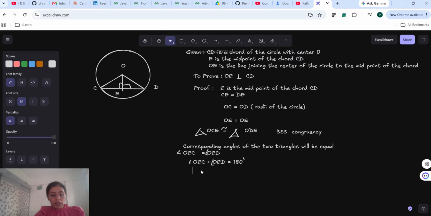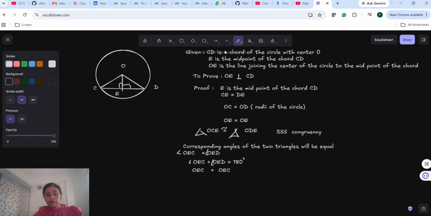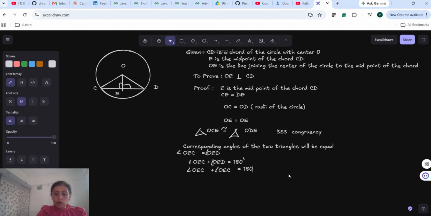So we can write it as OEC plus OEC, right? Because these two are equal. So that is why this will be equal to 180 degrees.